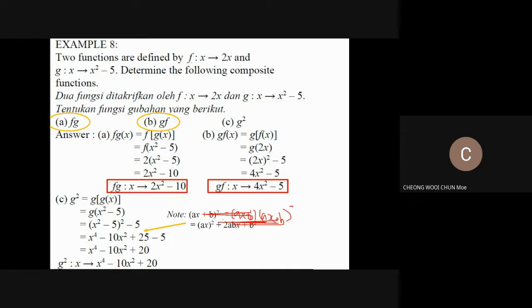If you want to make it faster, and usually you will try to make it faster, use this method. This one squared, that means (ax) squared, then plus this one, if negative, must be together. If got negative b, then negative b squared. If no negative, then straight away plus b squared.